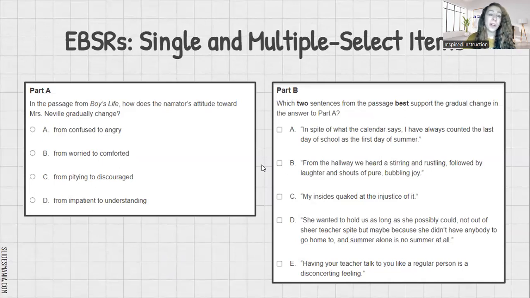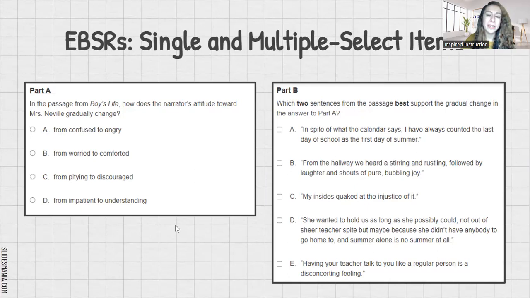So I mentioned a moment ago our EBSRs, our evidence-based selected response questions, that there are two different types that students might notice. Now, of course, I said, okay, yes, we will always see those vocabulary ones. These typically have a part A and a part B here.